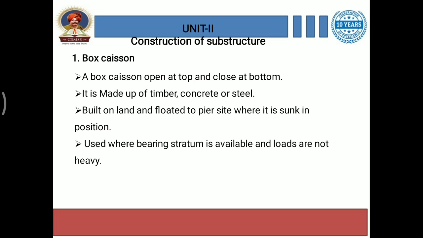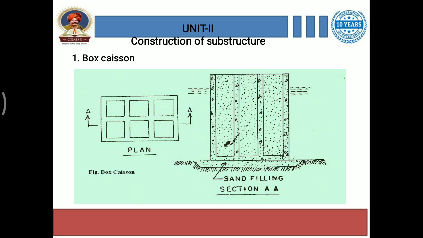Box caissons may also be constructed on land and floated to pier site. Okay, these are used where bearing stratum is available and loads are not heavy. So box caissons are used for light structures when there is not so much load to bear. So these are some points regarding box caisson.